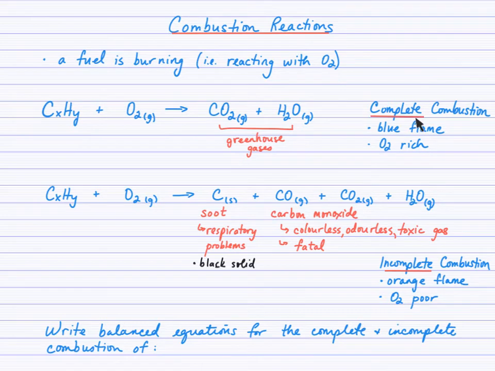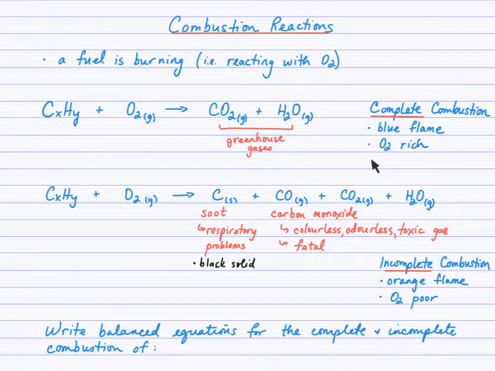So, keys to complete combustion: a visual clue of a blue flame when the fuel is burning, and secondly, an oxygen-rich environment. So, burning a fuel outside as opposed to indoors or in a closed environment like a garage with the door closed, these are oxygen-rich environments. And there are certainly rules around bringing barbecues indoors.